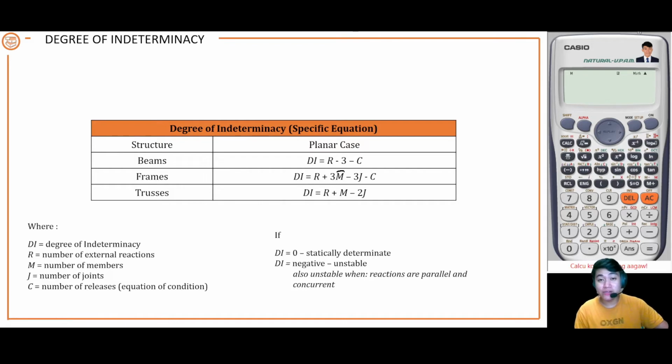M is the number of members. J is the number of joints. C, sorry, this is for truss. Wala, sorry. R plus M minus 2J. R is the number of reactions of the supports, rather, the number of the unknown reactions of the supports. M is the number of members, and minus 2J.